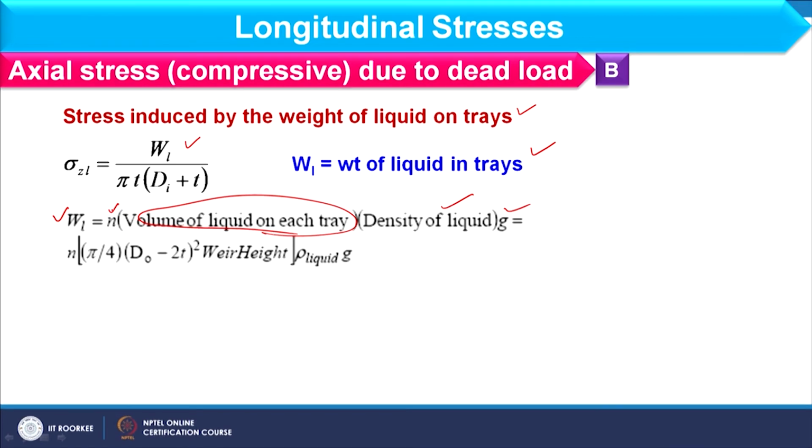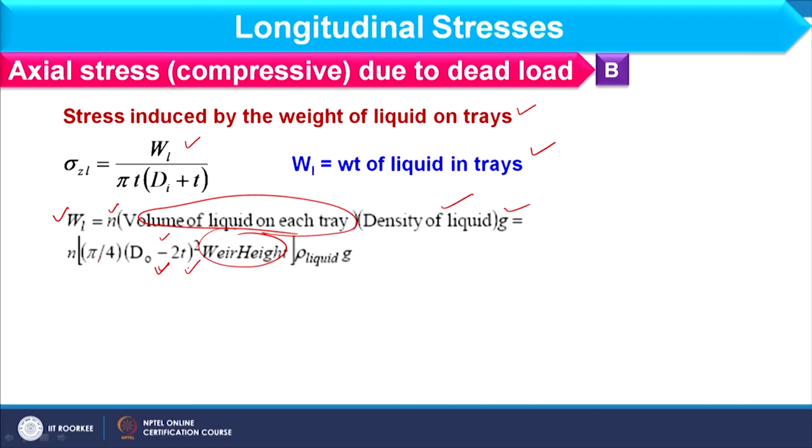Further, N is the number of tray, we can see how it will be calculated, pi by 4 d naught square minus 2 t d naught minus 2 t square. So, this is nothing but d I square, right, into weir height, because over the plate wherever the liquid will be there, that will be equal to the weir height, and accordingly we can consider the hold up over the plate.